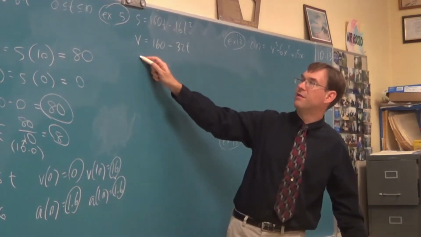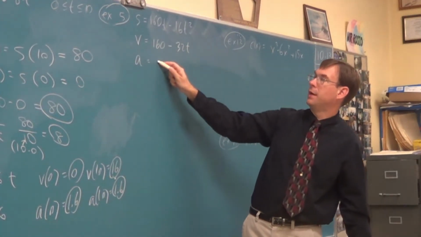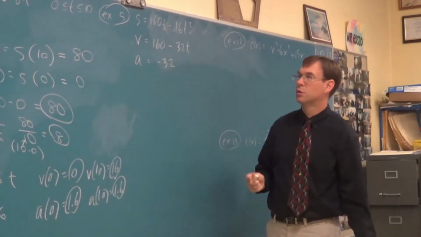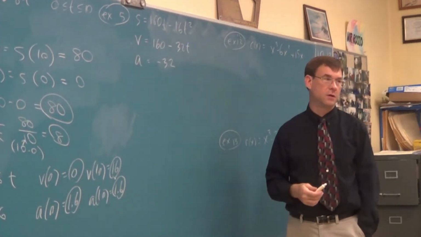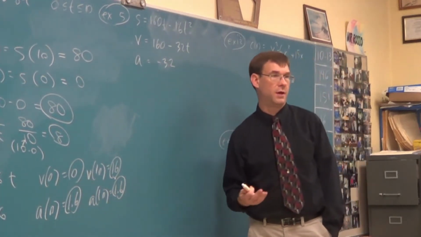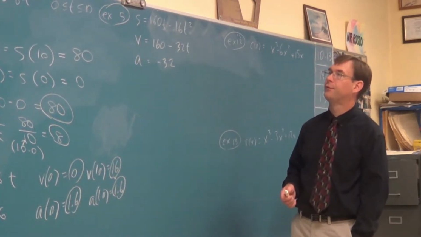Then if I do the derivative again, that would be the acceleration, which will be negative 32. What that means is we're on Earth and they're using the English system, not the metric system. 32 is the equivalent of 9.8, just if we left metric, we're in America.